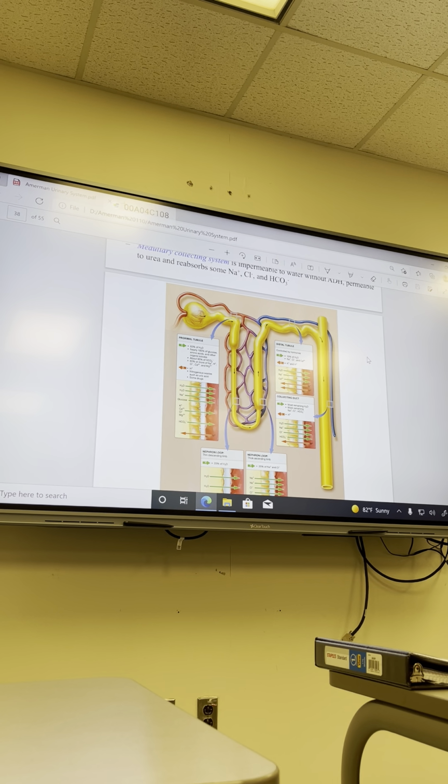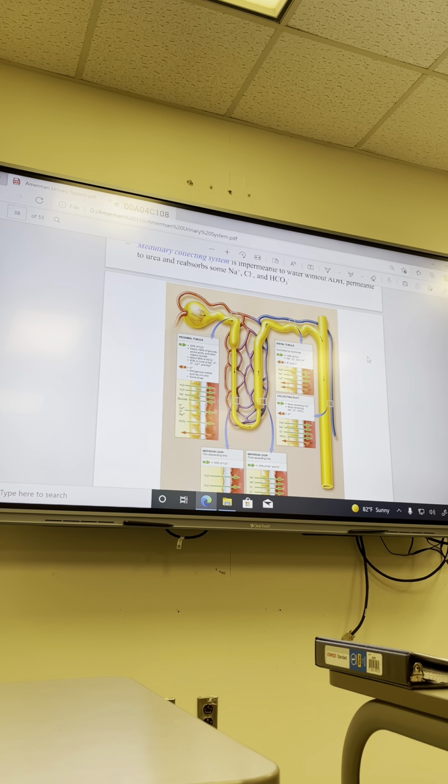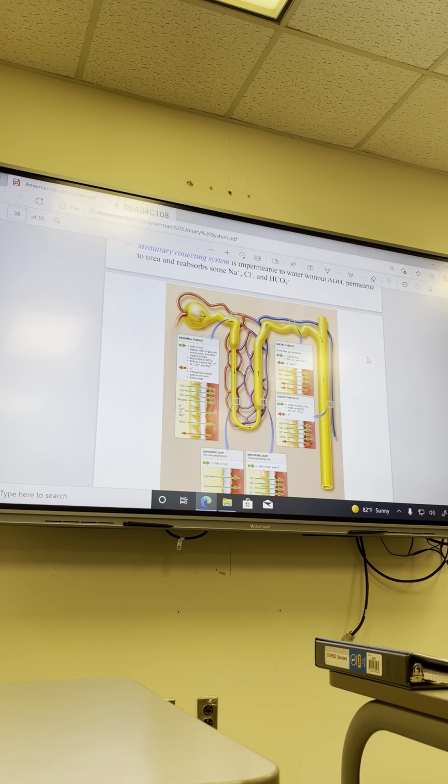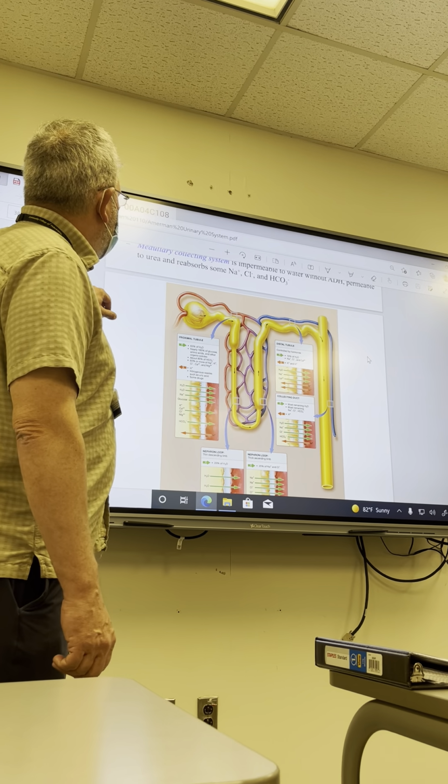Again, remind me about the descending limb. Permeable to water. Impermeable to any kind of solutes. The ascending limb: impermeable to water, but loaded with pumps for sodium chloride, because we're going to be pumping massive amounts of sodium and chloride out.